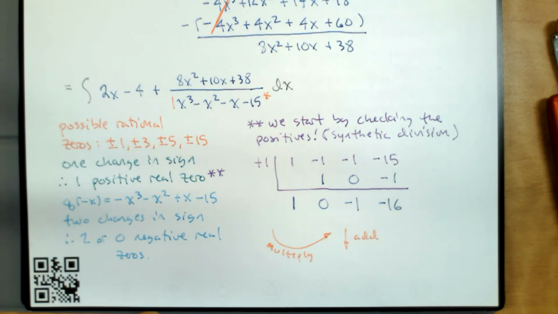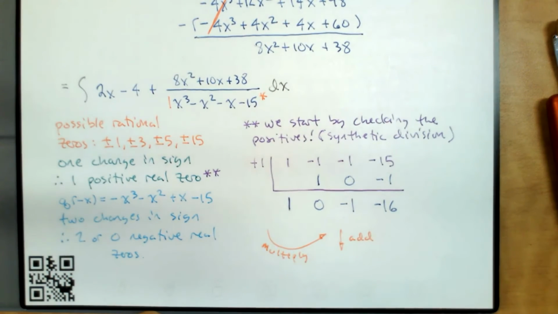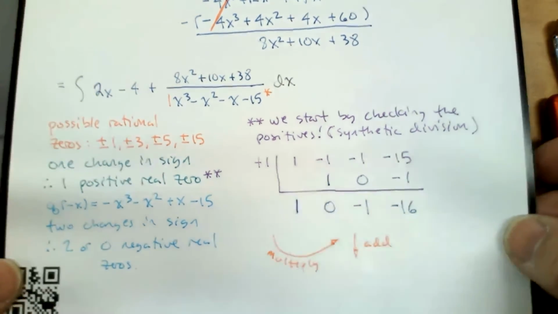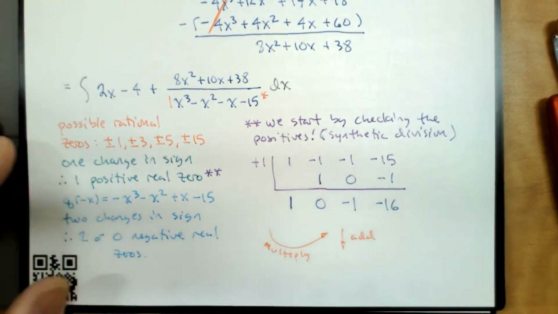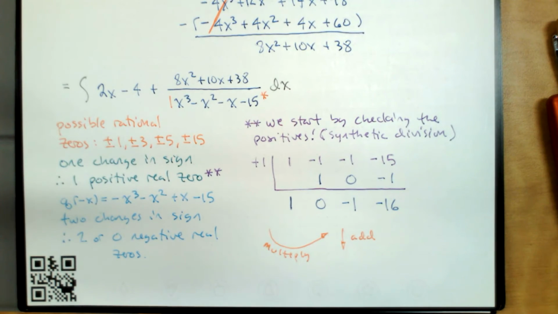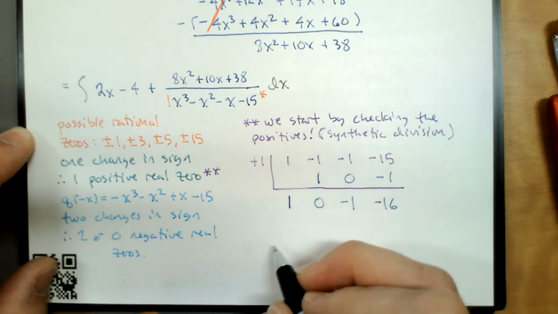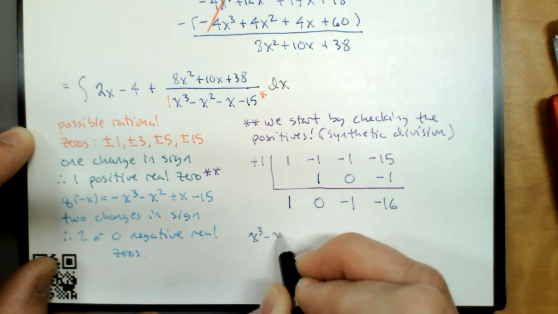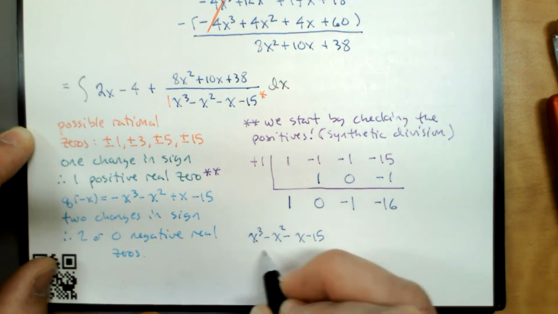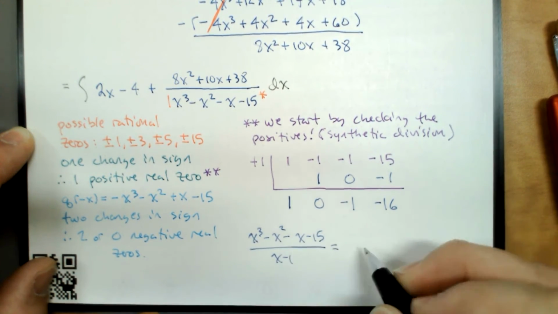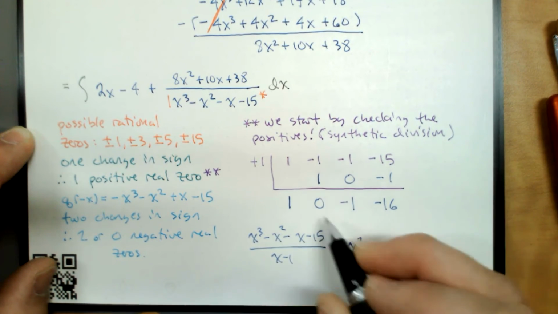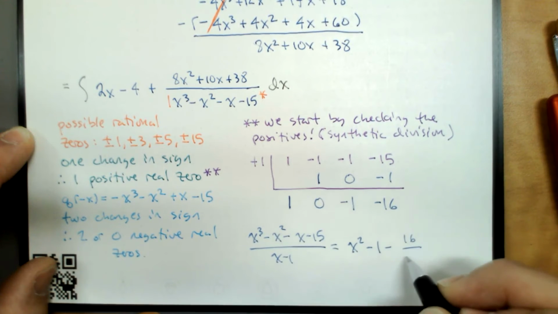So we've got to interpret what all this means. It means that x cubed minus x squared minus x minus 15 divided by x minus 1 will give us x squared plus 0x minus 1, minus 16 over x minus 1.